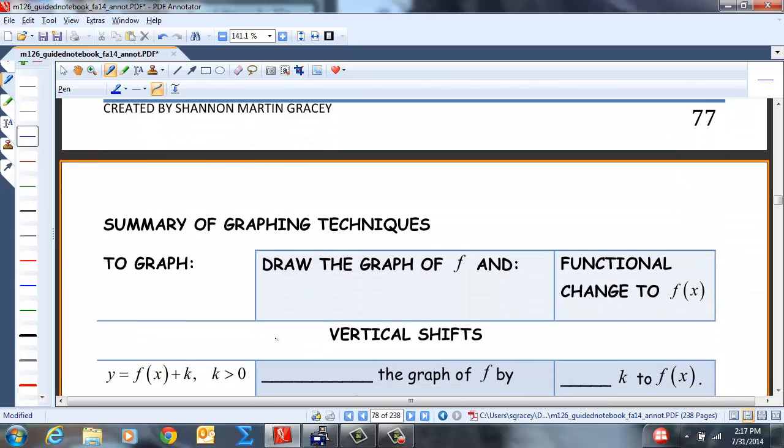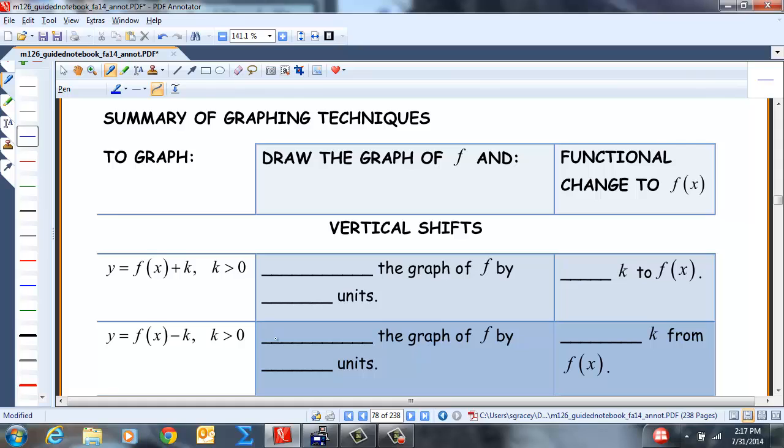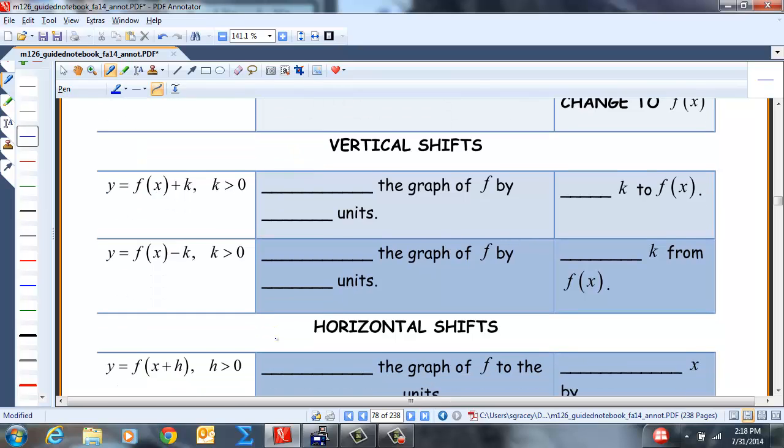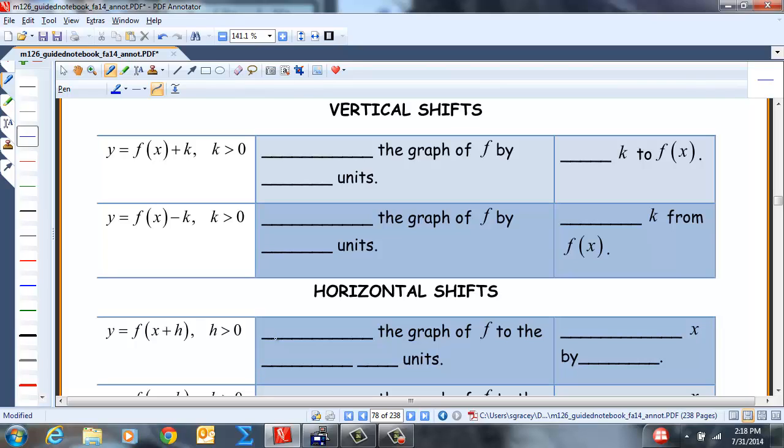Okay, so here's a summary. We did a lot of exploration here because in my experience, people have some issues sometimes with this stuff. So I thought it was worth the time spent. So here we go. Here's all the stuff we did in general. So this was like our first warm-up. So for vertical shifts, you raise the graph of f by k units.